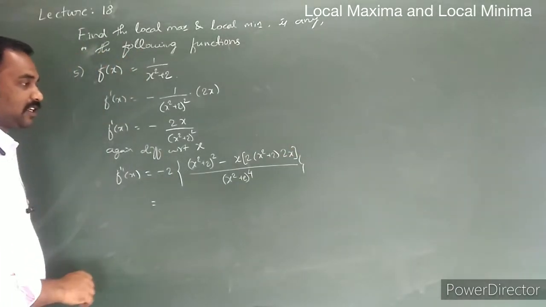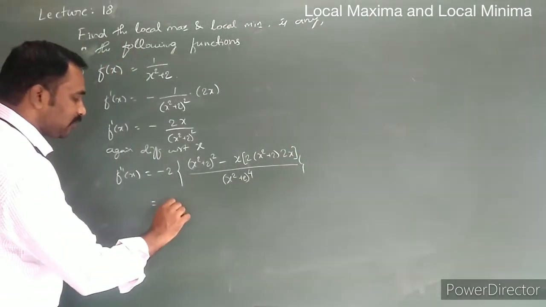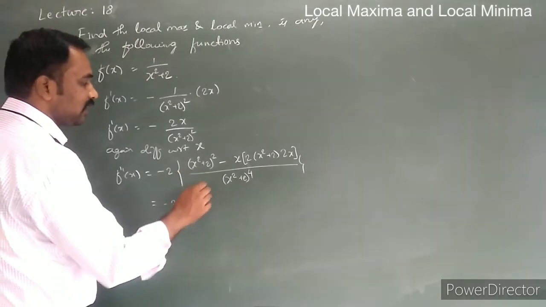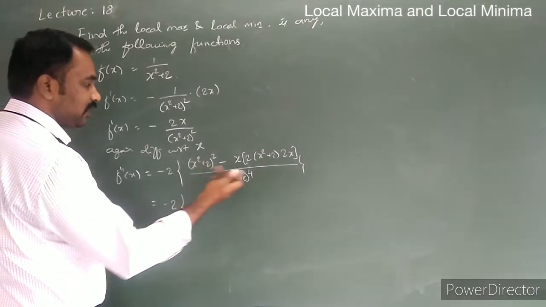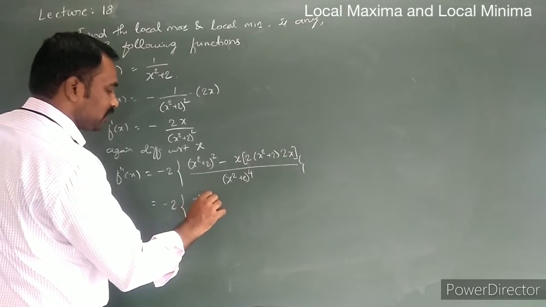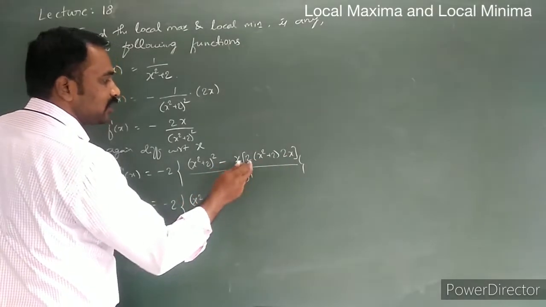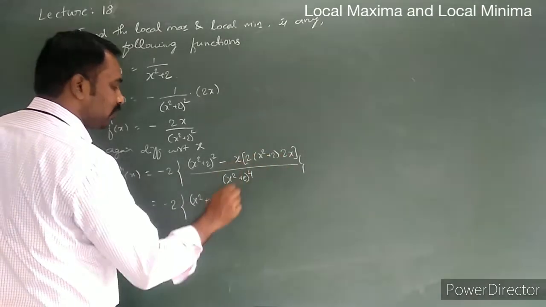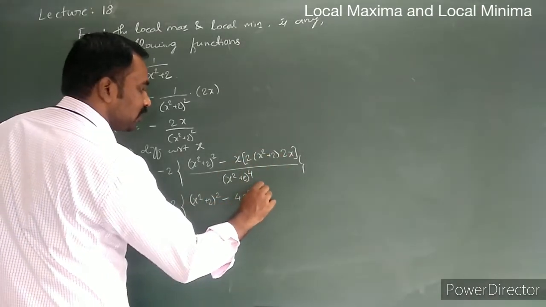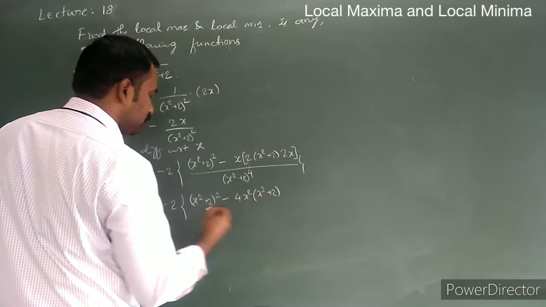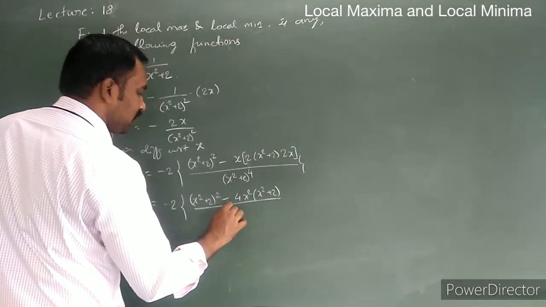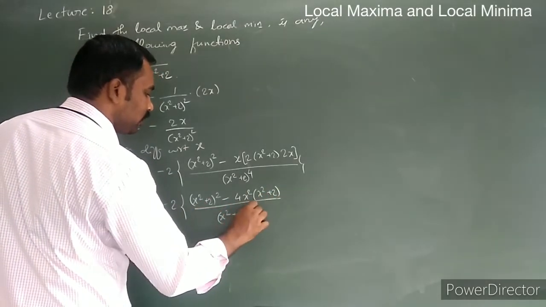Now rewrite. Minus 2 is outside, keep as it is. X square plus 2 whole square minus x into 2x, here 2 twos are 4, so 4 into x square, plus 2 whole thing divided by x square plus 2 whole power 4.